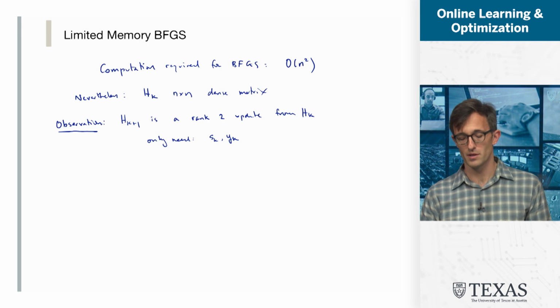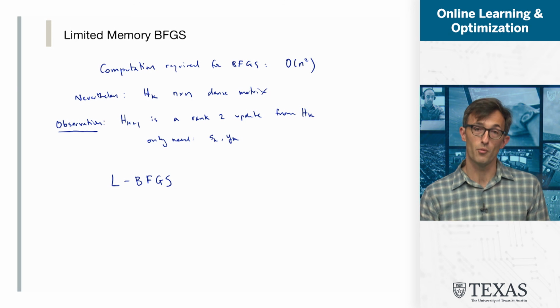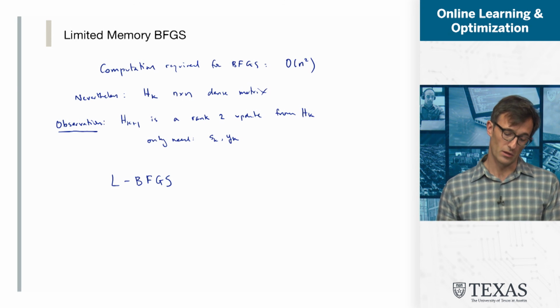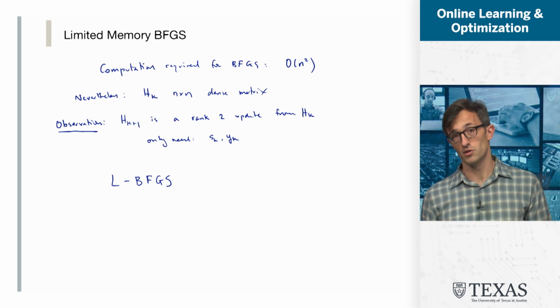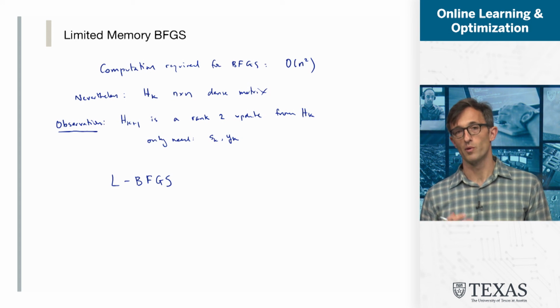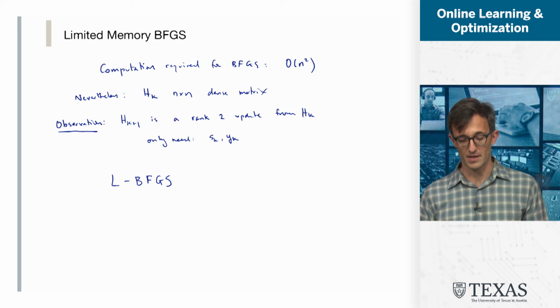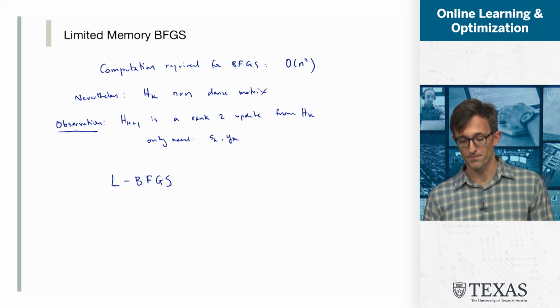Instead, I'll refer you to the Nocedal and Wright book. But limited memory BFGS, or LBFGS, is something that has been extremely influential and important, especially for large-scale optimization problems. And machine learning, which has been a big motivation for everything we've done in this course, is one of the key areas where we get structured large-scale optimization problems, and therefore an area where LBFGS has been used and has had impact. We're going to end this lecture here.